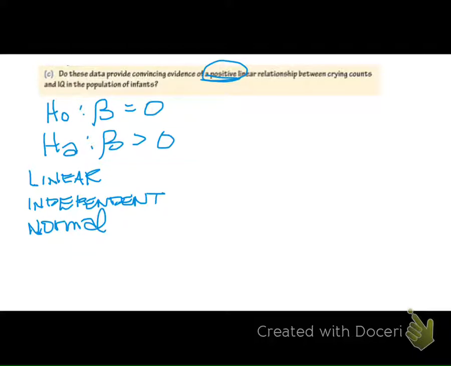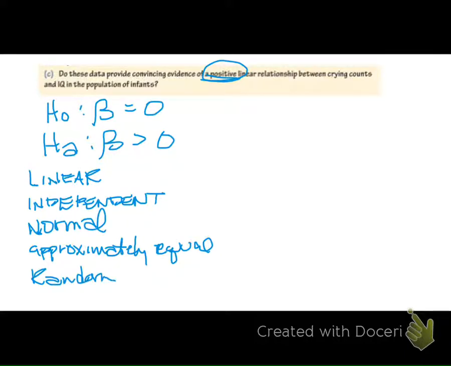And then we need to verify that the standard deviations of the residuals are approximately equal. And then the last thing we need to verify is that our data came from random samples. Certainly no order is important here. You can do these in any way you want to.